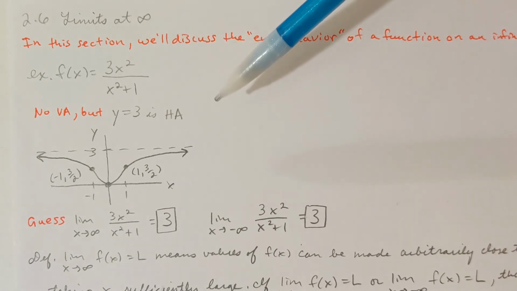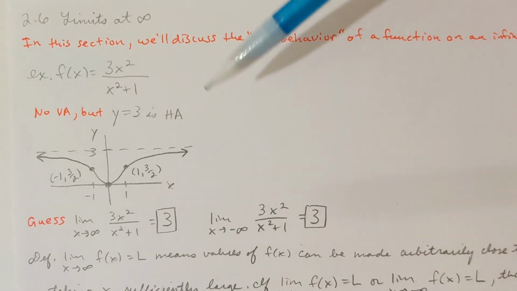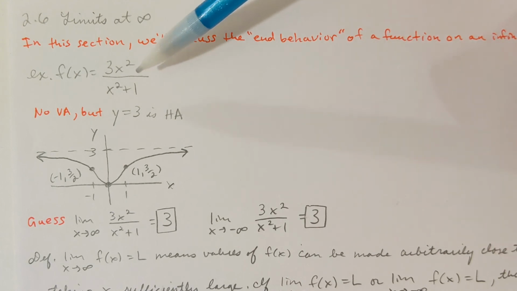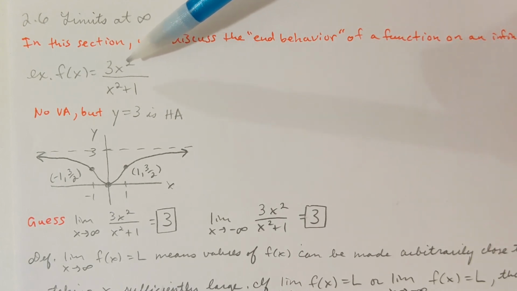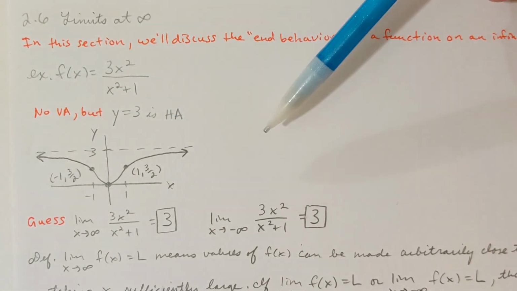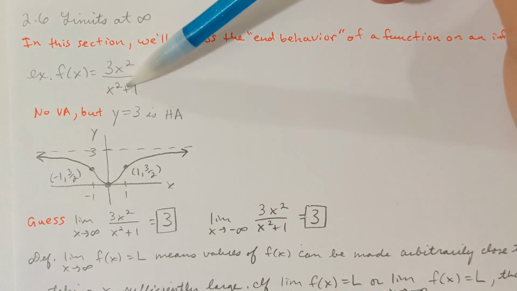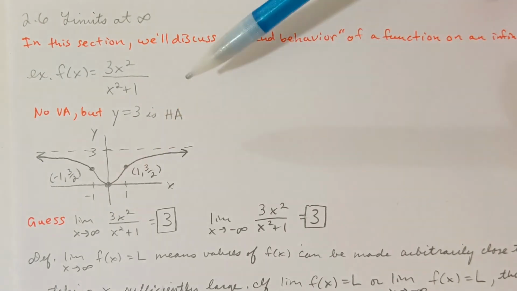Y equal 3 would be a horizontal asymptote. Since the degree of the top is the same as the degree of the bottom, I can just compare the leading coefficients there. 3 over 1 is 3, so y equal 3 would be a horizontal asymptote. And I've plotted a couple of points, like if x is 0, 0 over 1 is 0, so here's 0, 0 on the graph.